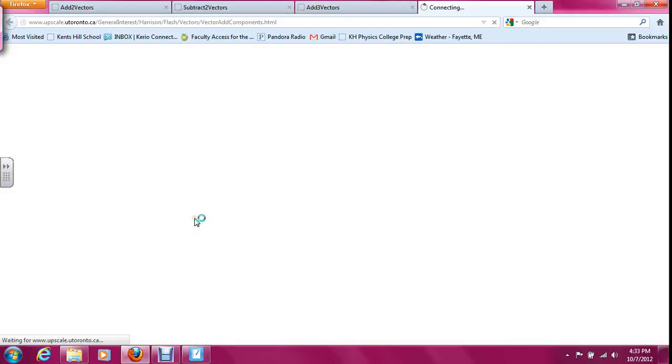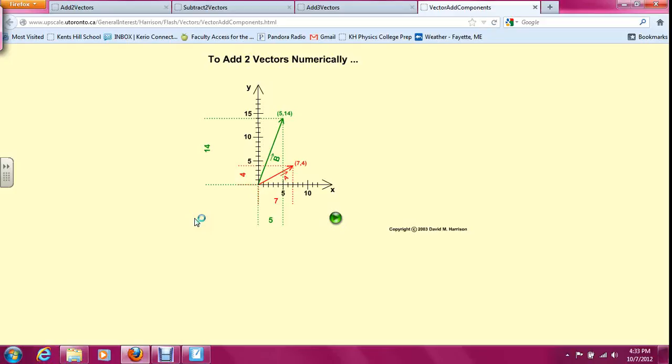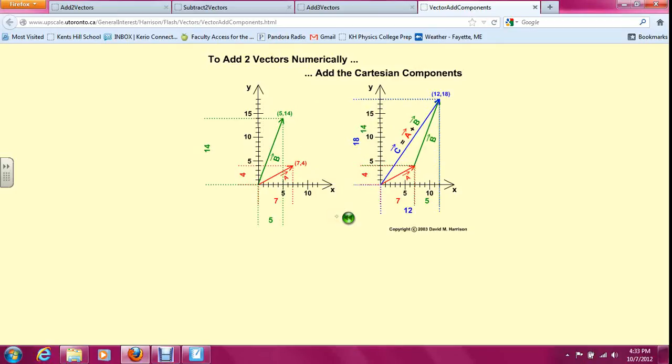And finally, if we are adding vectors by components, which means we're breaking the vectors down into their x and their y, it looks like this. We have A, and we have B, and we add them tip to tail, and you can see, you add the x components of both A and B, and you add the y components of both A and B, and you get your resultant, which is the sum of those.